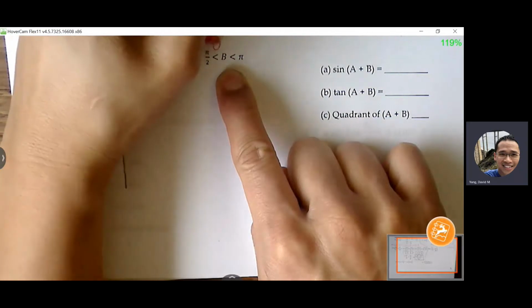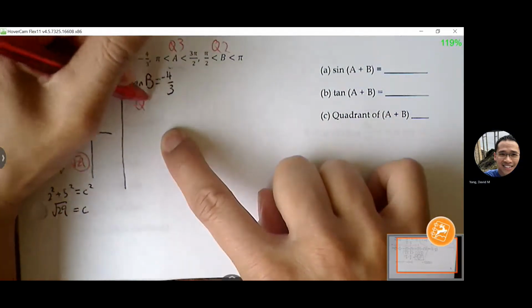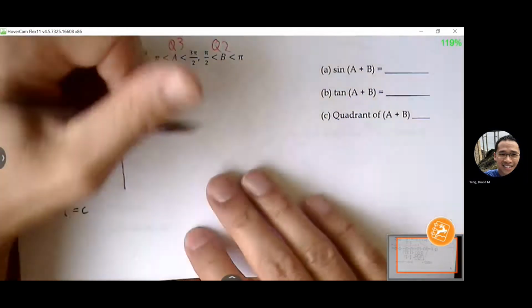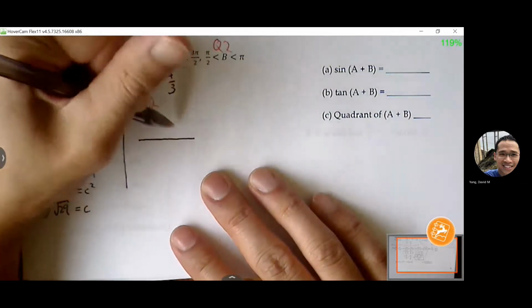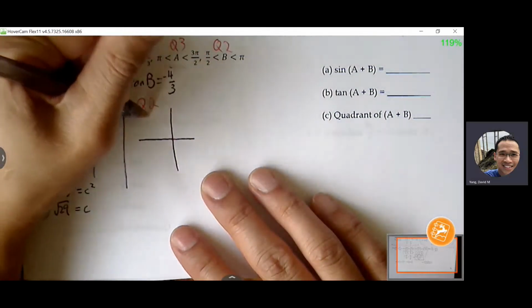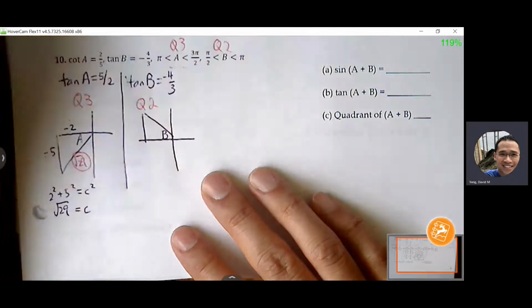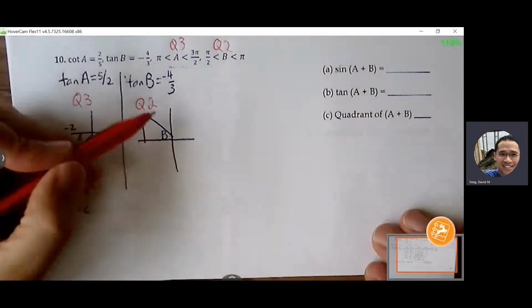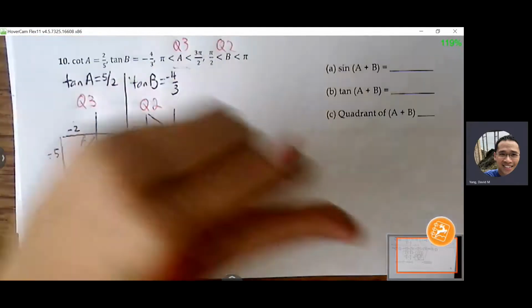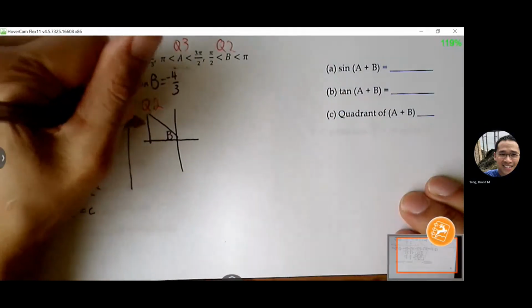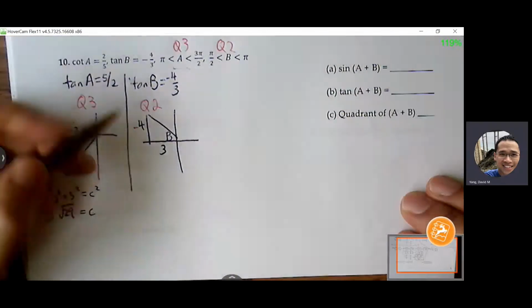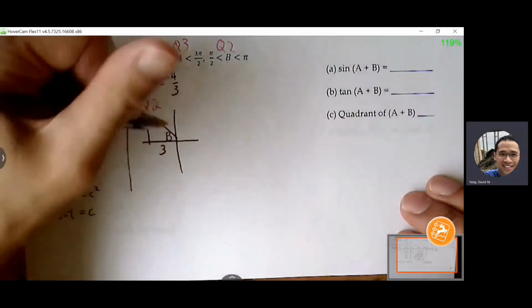Second. Opposite over adjacent, -4/3. Pythagorean theorem, a squared plus b squared equals c squared. That's just going to be 5.